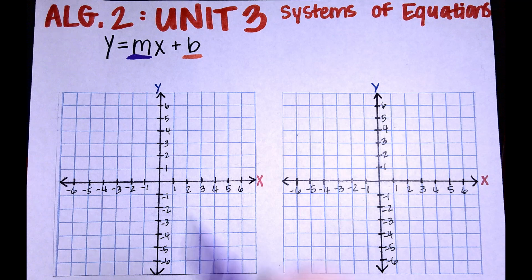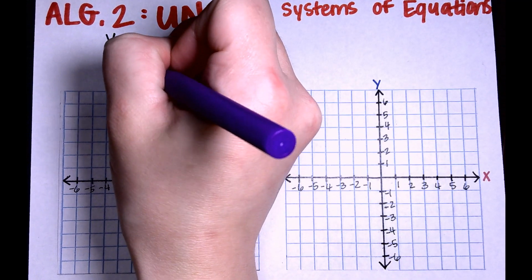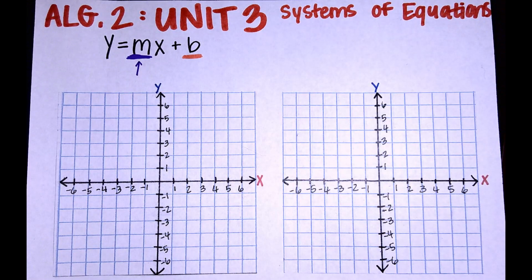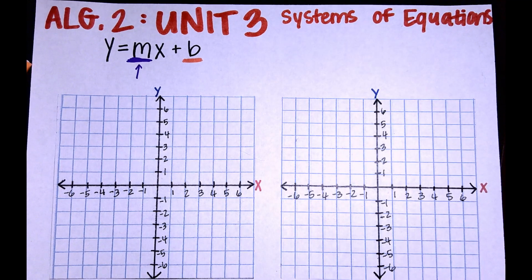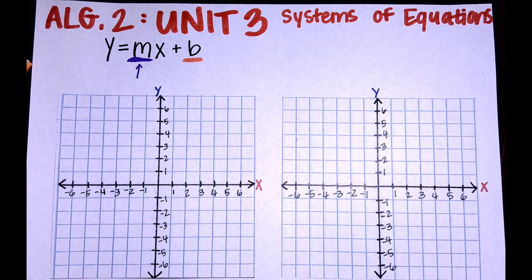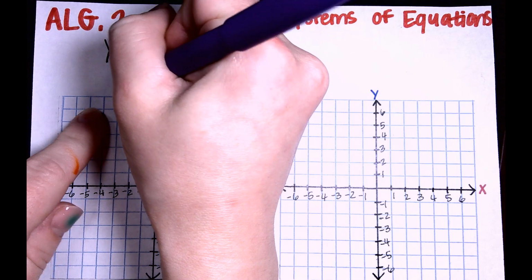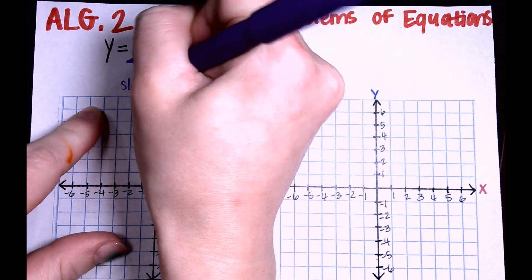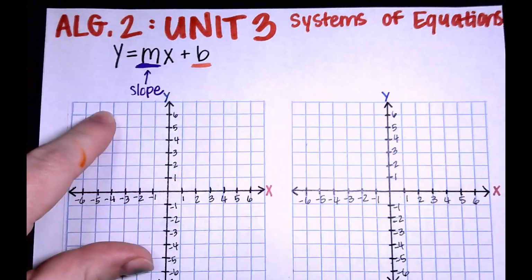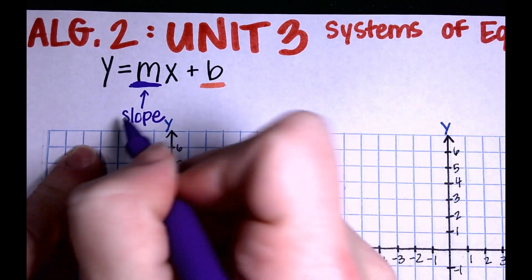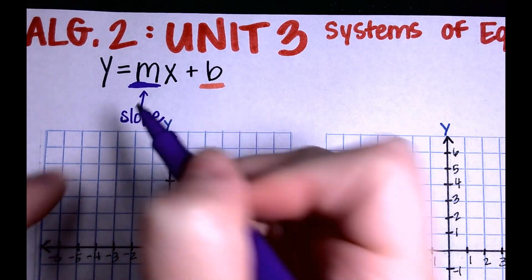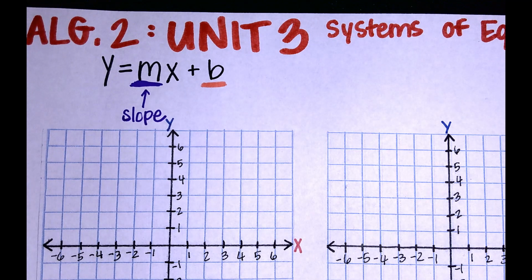Does anybody know, without me telling you, what the M in this equation stands for? Slope. What on earth is slope? We're going to talk about it. For now, let's just get these labeled so that we have them as a note. So M means slope. It's going to tell us how steep our line is when we draw it.